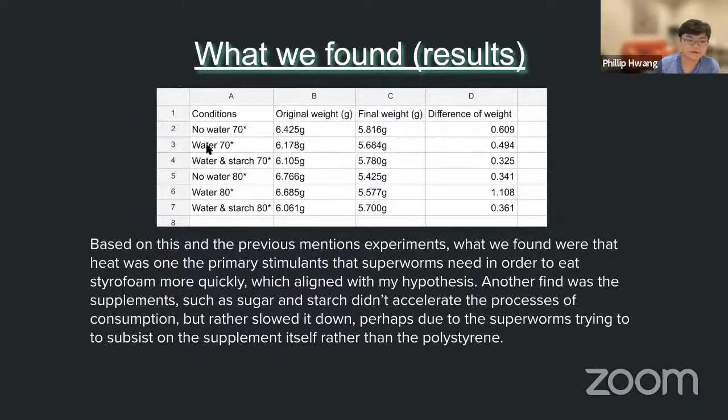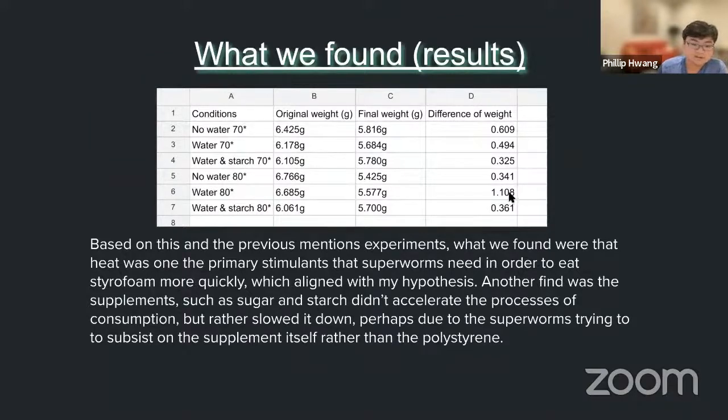By the way, there are the conditions, the original weight, the final weight, and the difference in weight that I had. A weird thing, likely due to the short time of the experiment, was that this wasn't fully accurate.